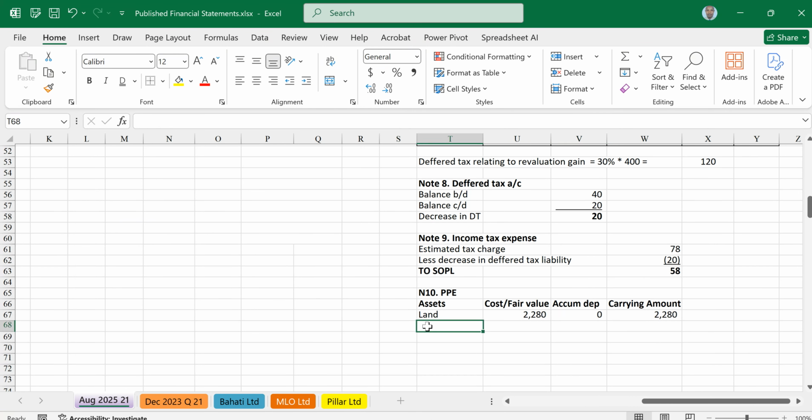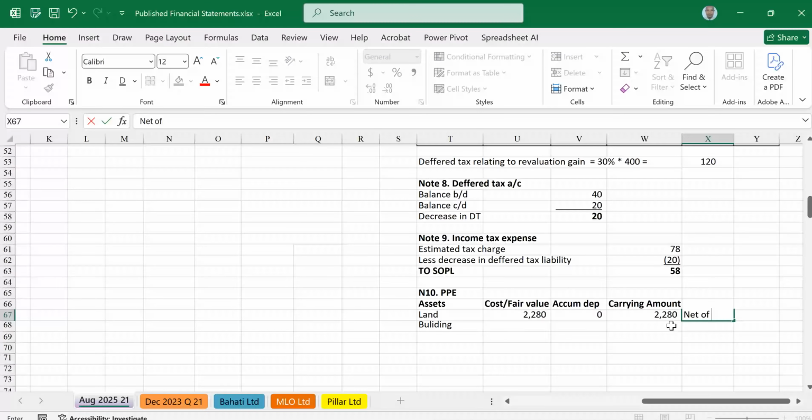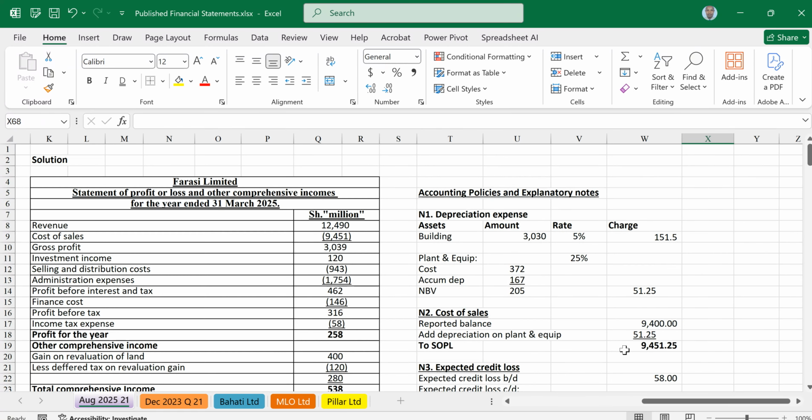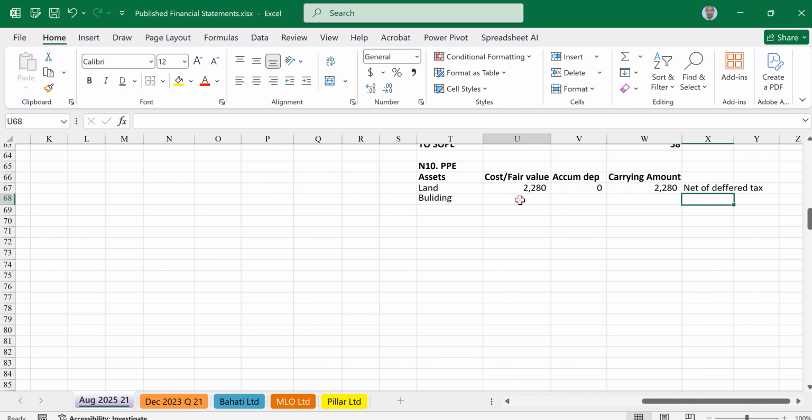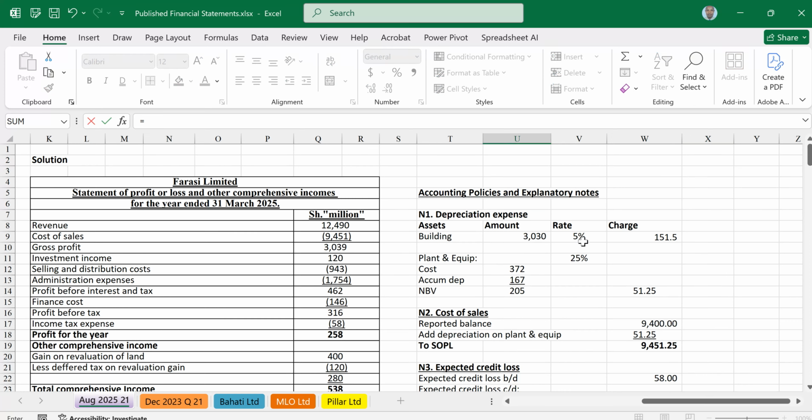What was the value for building? Building was somewhere up there, 30/30. So the cost was 30/30.